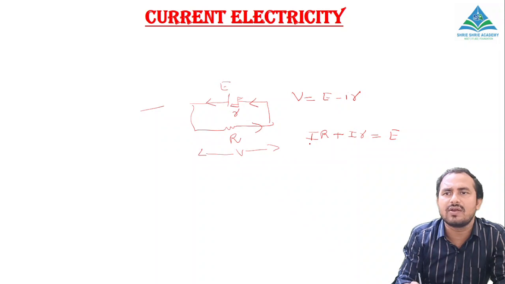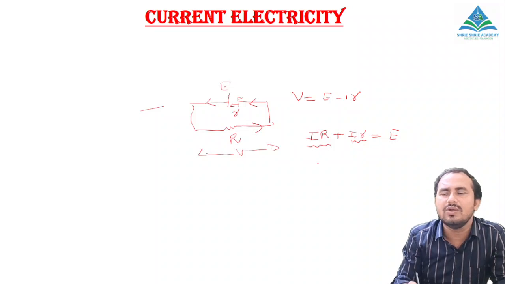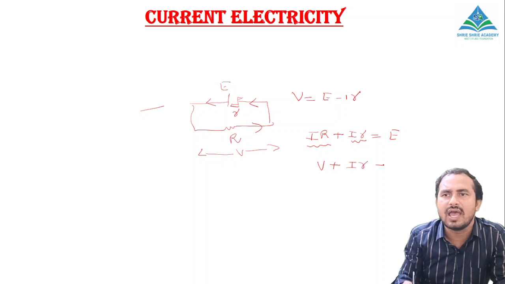The EMF is divided across the external resistance, I into capital R, and the internal resistance, I into small r. So I into capital R you can write as V, then V plus I into small r is nothing but E, that is the EMF. That's how you get the terminal voltage, V equals E minus Ir.